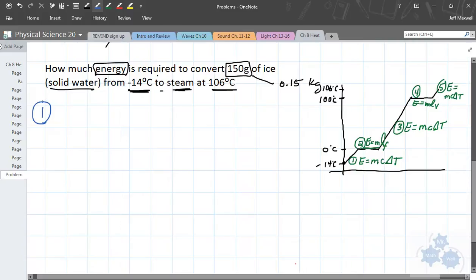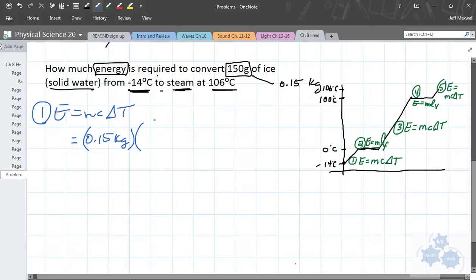So let's do number 1, just like we did in the notes. E equals MC delta T. Let's get it figured out. M is 0.15 kilograms. You don't have to put the units, actually, as long as you're sure that they're all going to line up. I'm going to do it for the first stage here. What is the C of solid ice? Let's go back into your textbook.